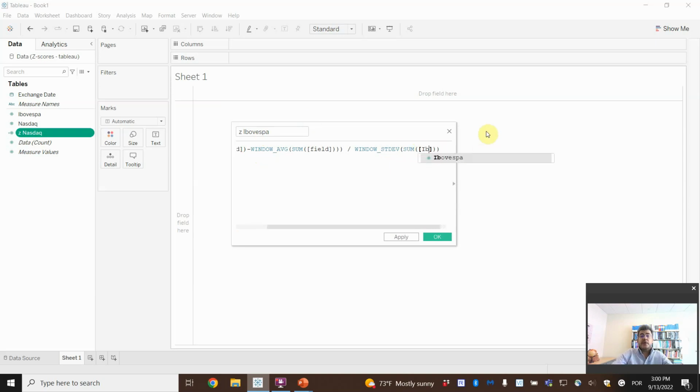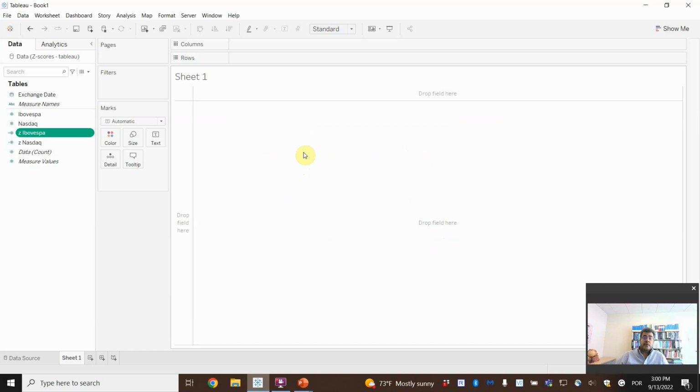So here, Ibo, and then Tableau provides an autofill here. Ibovespa, and we can do the Z for everything, all series that we want.